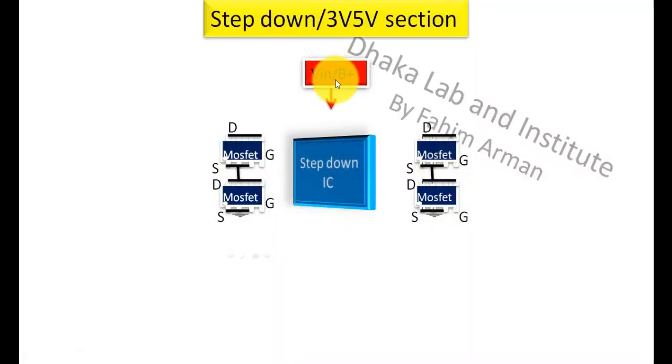here we can see B or B plus. This voltage will come from the adapter or battery. This voltage will enter into the main MOSFET's drain, and it will also enter into the step down IC.